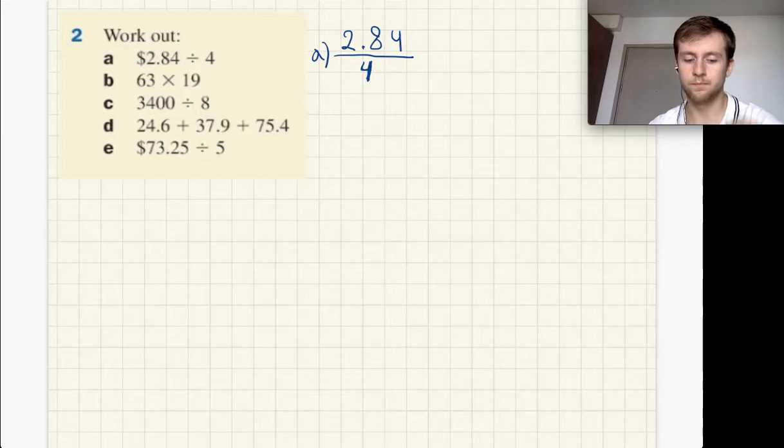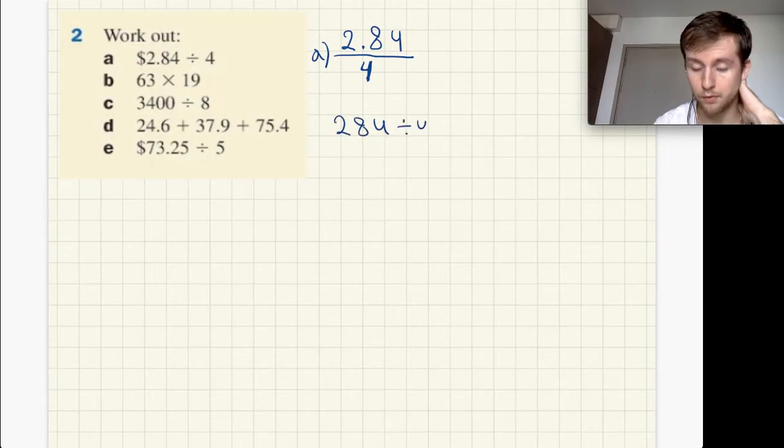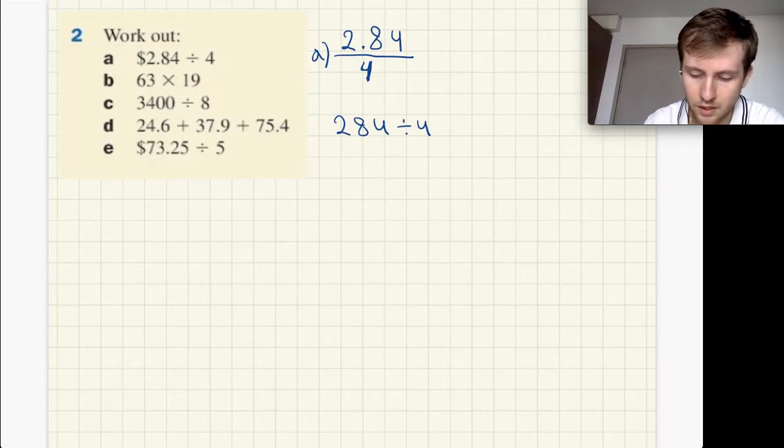And what we can do is we can actually do 284 divided by 4. But we have to remember that we will have to return the point back, because 284 is the same thing as 2.84 times 100.